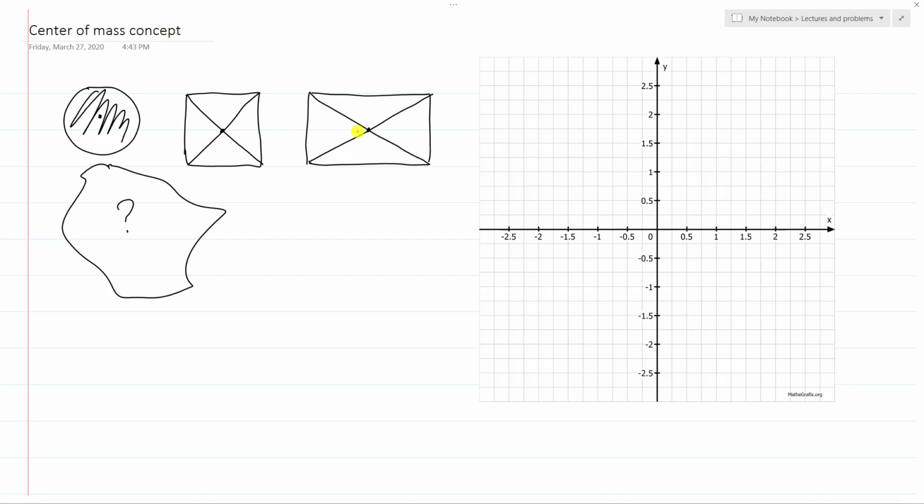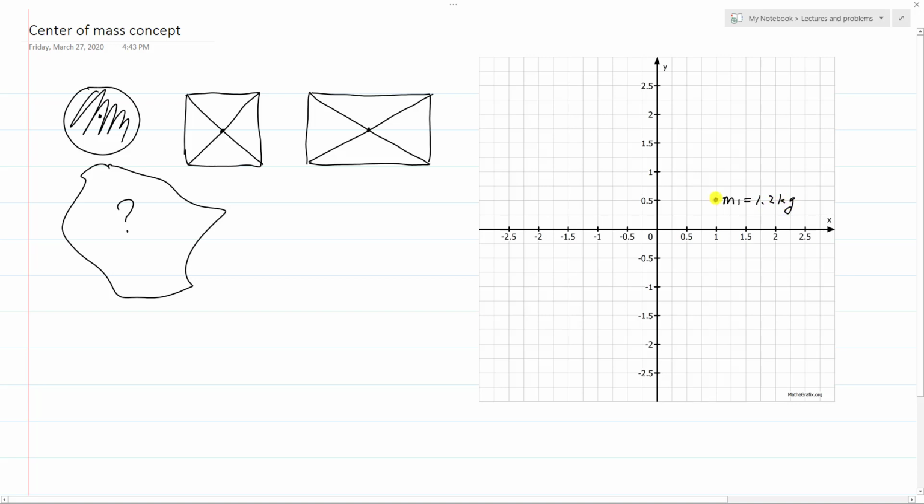Another part of the concept is, what if you have just point masses? So let's look on the right side. I have an XY coordinate system. What if you have a point over here, say x equal to 1, y equal to 0.5. So you have a mass here. Let's call that m1, and let's just randomly give it 1.2 kilograms.